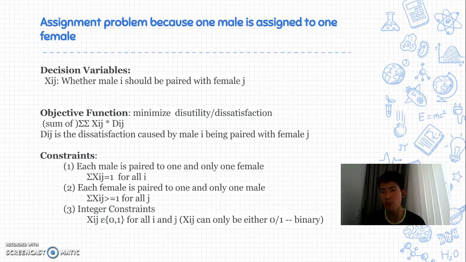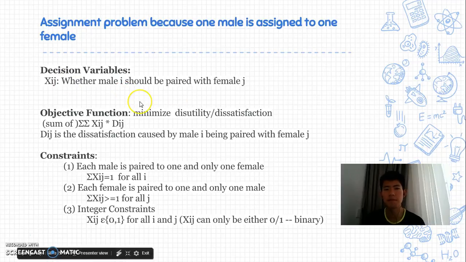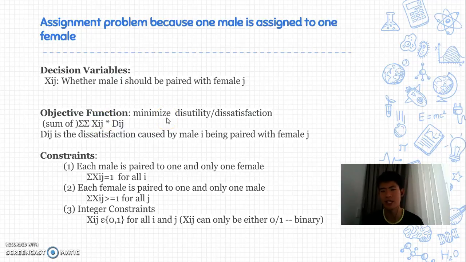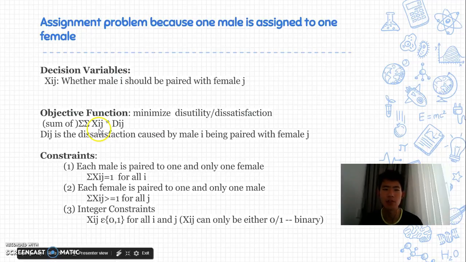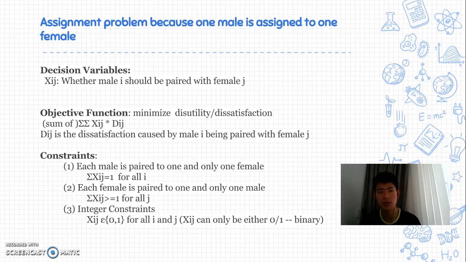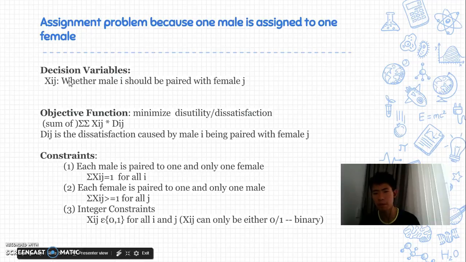Again, we formulate it with the decision variable, objective function, and constraints. The decision variable is whether male i should be paired with female j, and the objective function is to minimize the disutility or dissatisfaction. So it will be the sum of x_ij times d_ij. The difference here, if you notice, is that x_ij doesn't refer to a quantity, but to the possibility of whether it should be a pair or not.